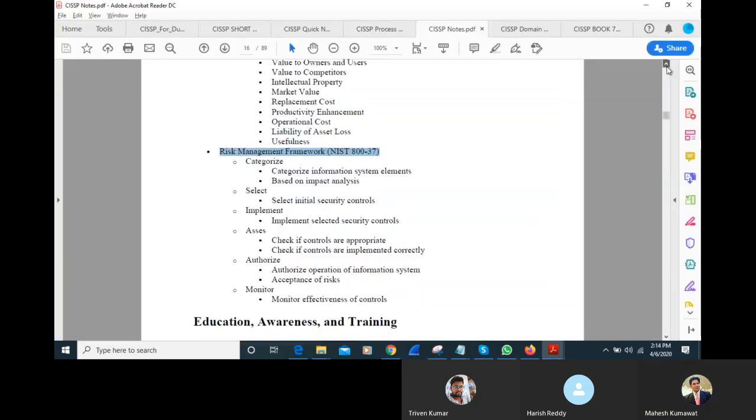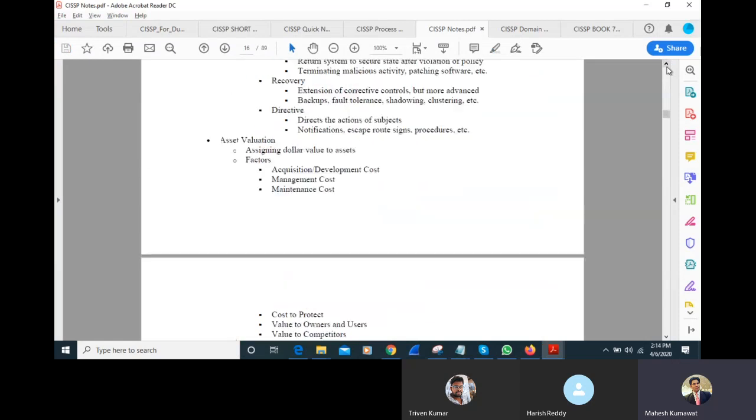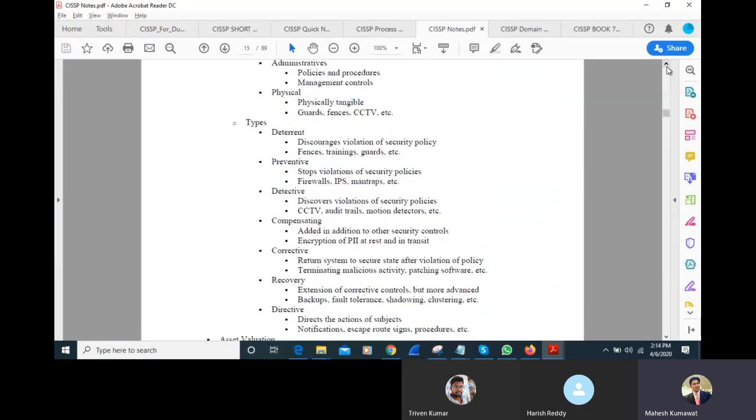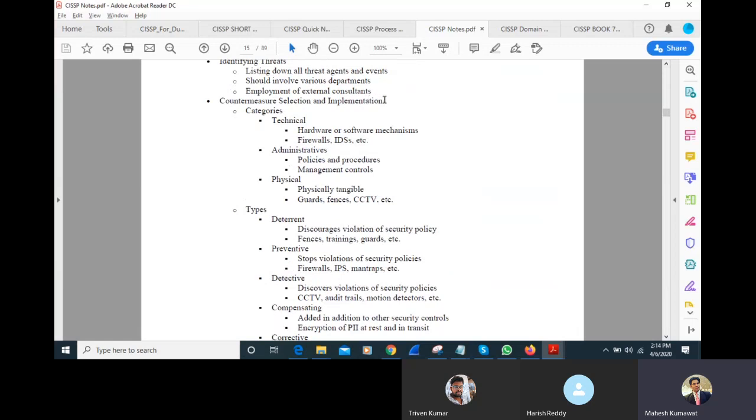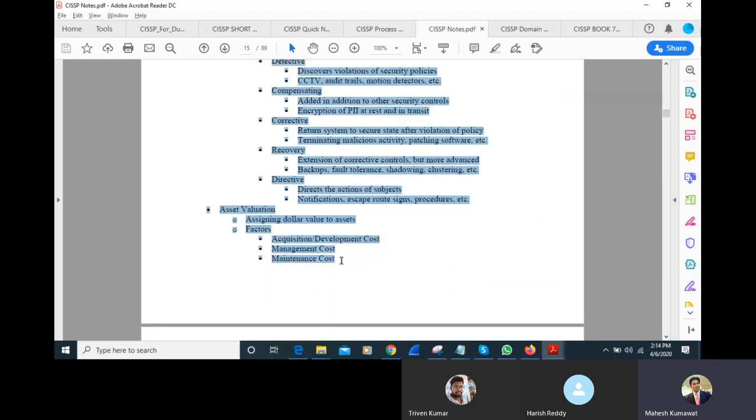And we have to understand asset valuations, countermeasure selection and implementation. These are the things you need to understand. This is the corrective action strategy.